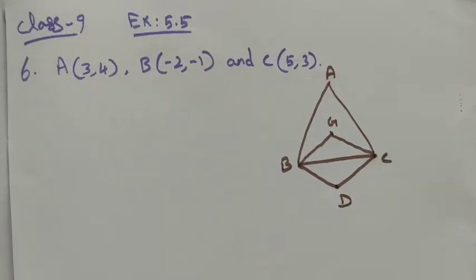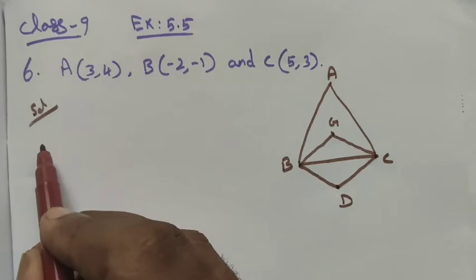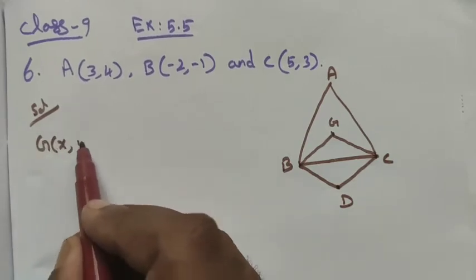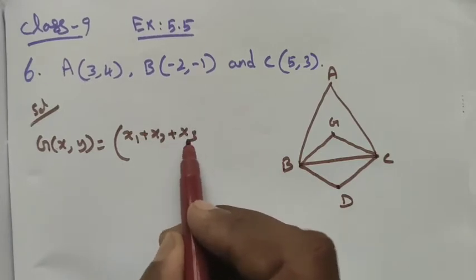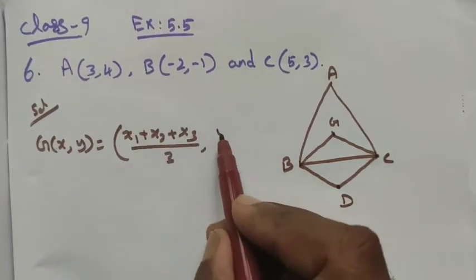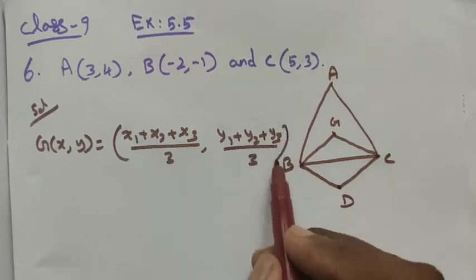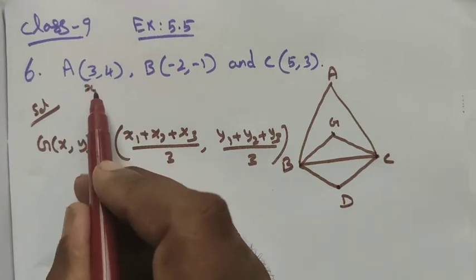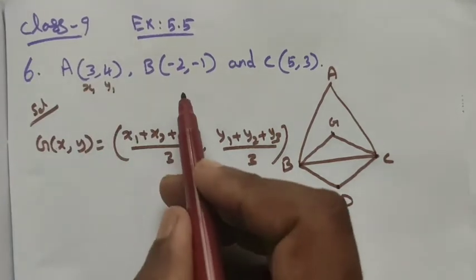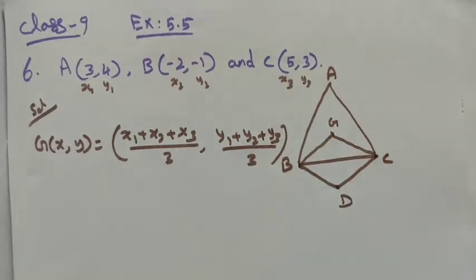First, to find the centroid, we know the formula, that is centroid G of x comma y is equal to (x1 plus x2 plus x3) divided by 3 comma (y1 plus y2 plus y3) divided by 3, right? Let me take the first point as x1 y1, second point as x2 y2, third point as x3 y3.